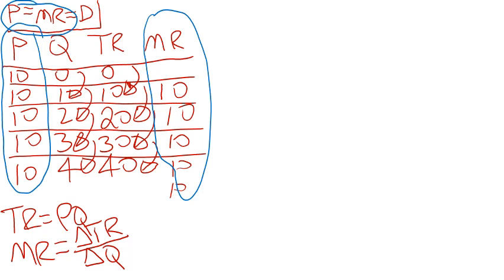What I have to do next is show that price, which is equal to marginal revenue, is also equal to, or more precisely, identified with demand. Okay, so let's see now. For that, I'm going to need a diagram, a graph of a pure competition firm.